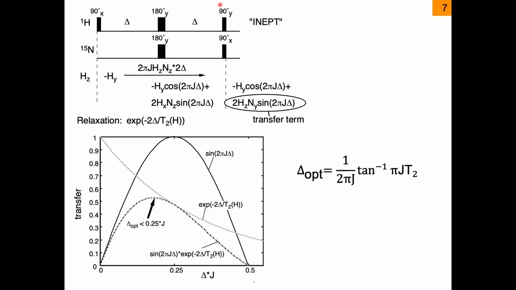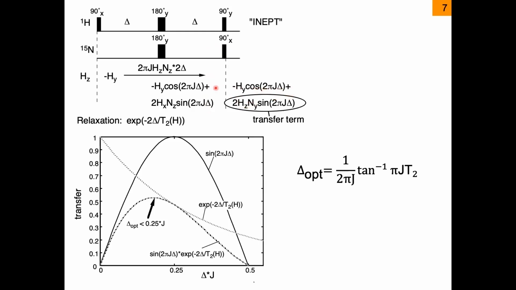So this 90-degree proton Y pulse makes from HX minus HZ magnetization, and the 90-degree nitrogen X pulse, now X applied to Z should be minus Y. So you get two minus signs, and in the end, you have 2HZNY. This is after these two pulses.